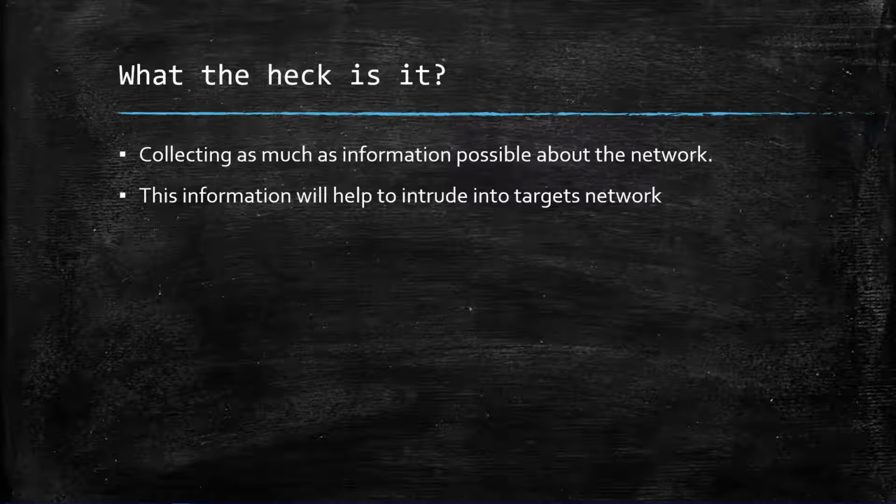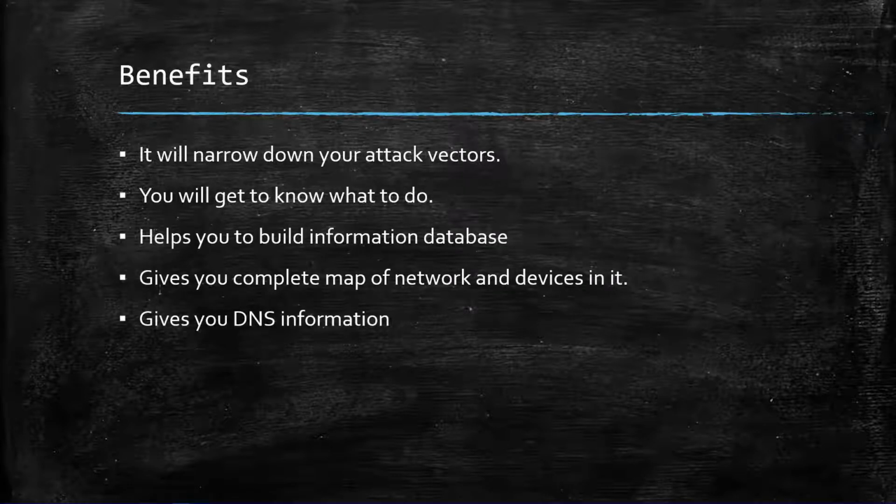So collecting information about the network or the target is called footprinting. This information will help you to intrude into the network or hack into the device. So what are the benefits of footprinting?